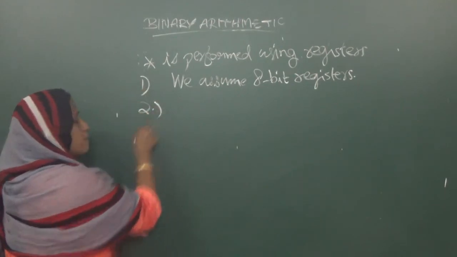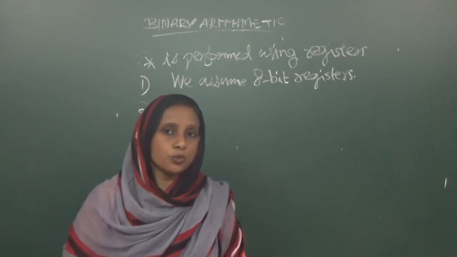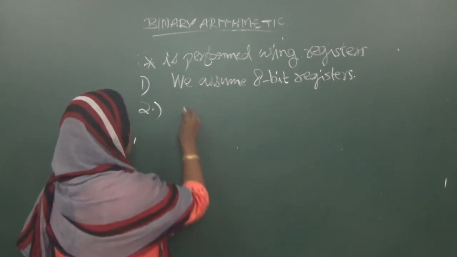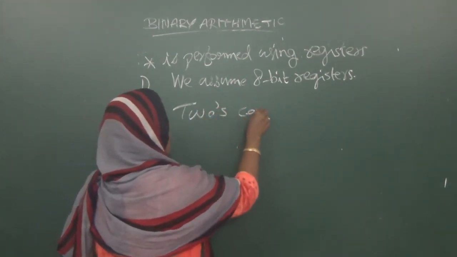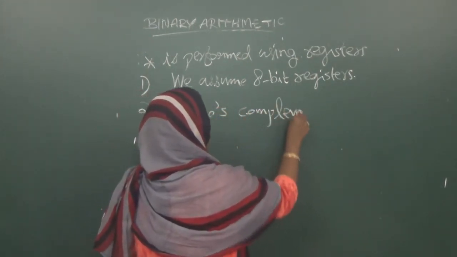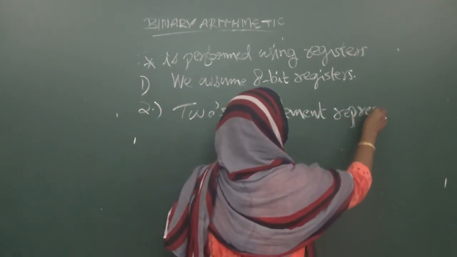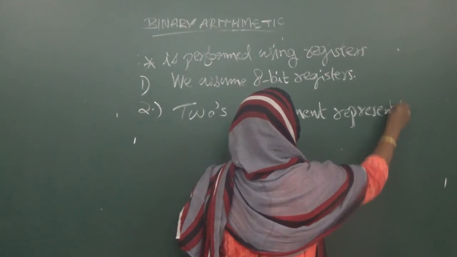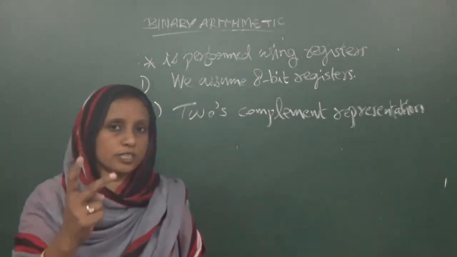The second assumption is the numbers are represented using 2's complement form. Okay, so there are two assumptions.